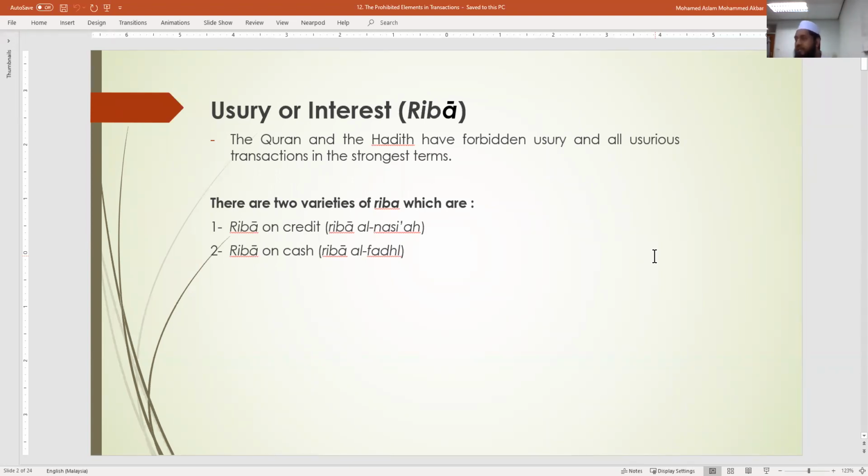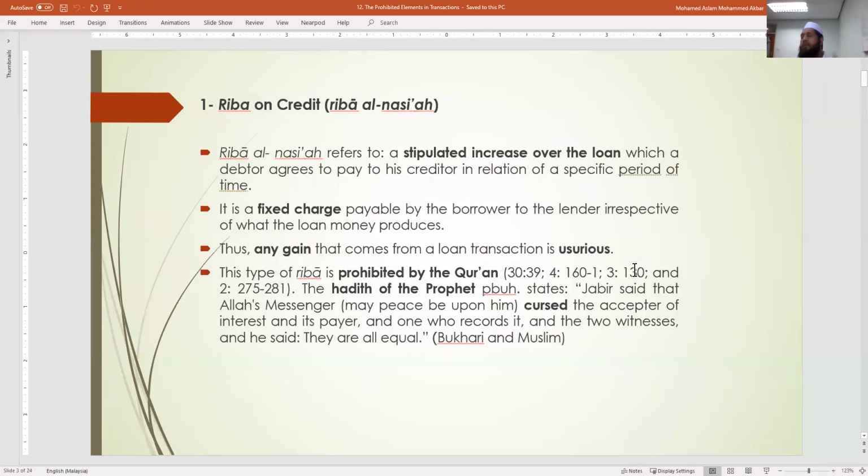That's really important. So let us talk about what exactly riba al nasi'a is, as described in the Quran. When Allah says, "Ahallallahu al-bay'a wa harrama riba," what exactly did Allah mean by saying riba?